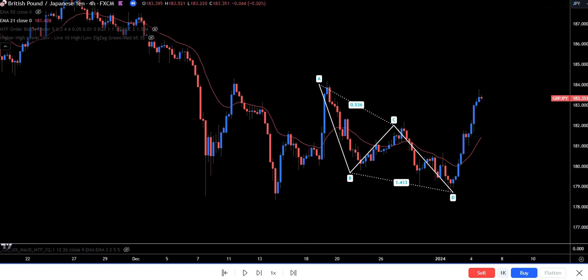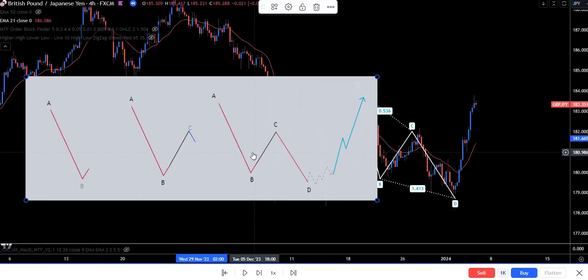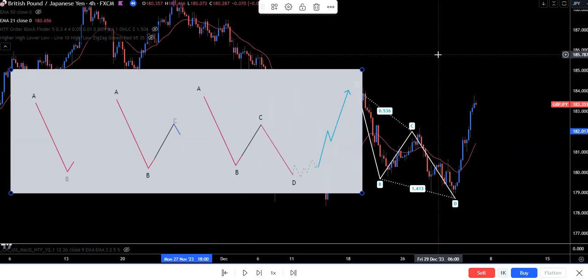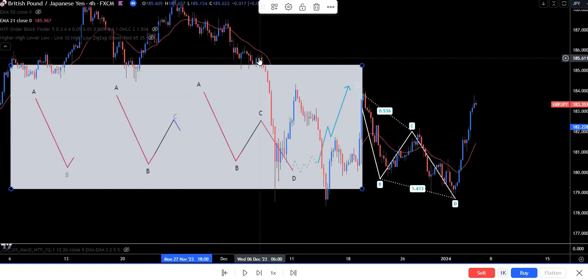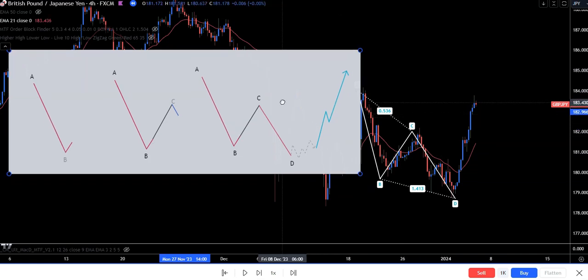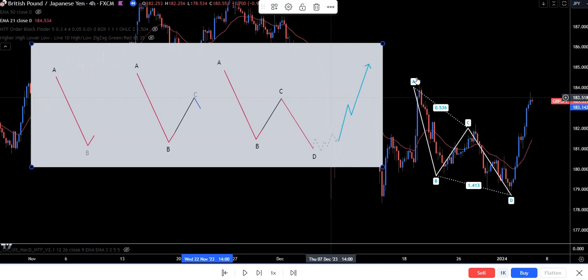Let me put an image there. Digging out my beautiful image. Now I have to be careful, guys, because if I go into the candles, it's going to project the candles on the chart. So let me try to put this in the best way. Why am I taking this retracement?